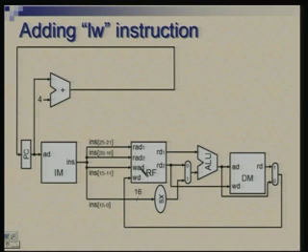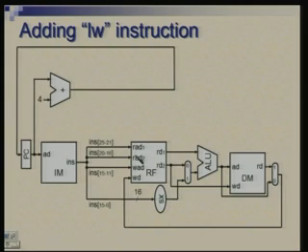For add, subtract instruction, the write address is coming from this part, bit number 15 to 11, and for this it will come from bit number 16 to 20. For load instruction, it is this RT which will be used here. For add, subtract, it is the RD which decides the write destination. Now, it is RT which will do it.